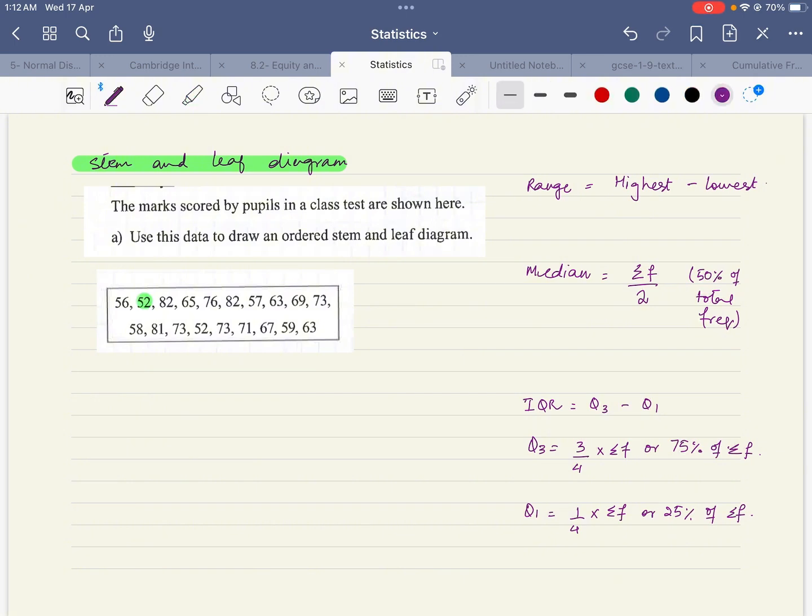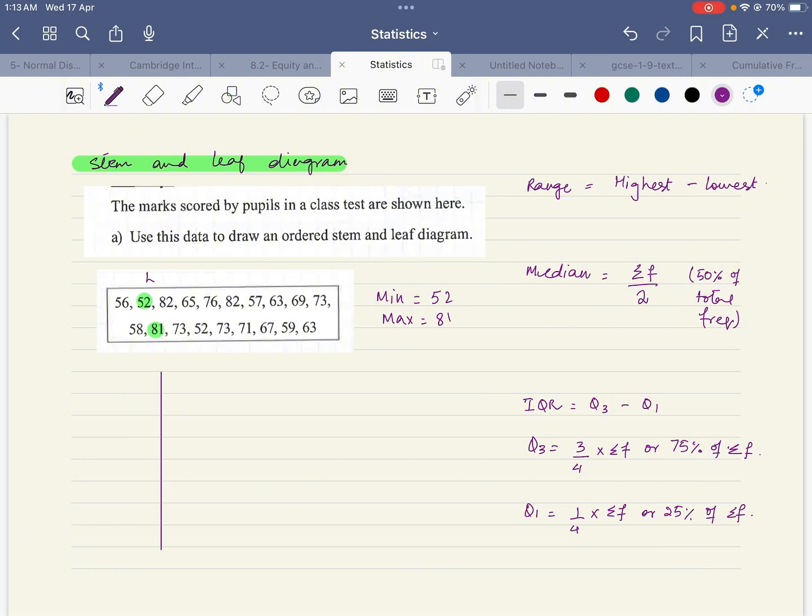This is the lowest score, and the highest score is 81, right? So we know that the minimum score is 52 and maximum score is 81. Here we can find out the range, but before that we will draw a stem and leaf diagram.